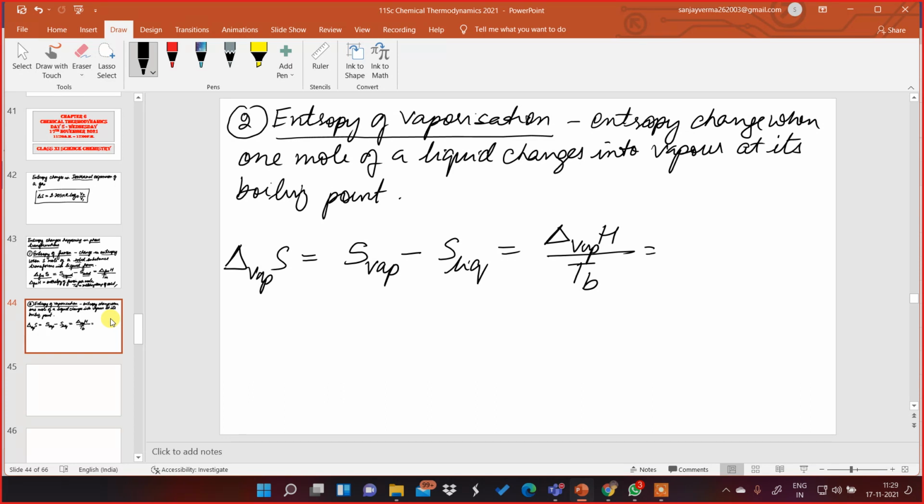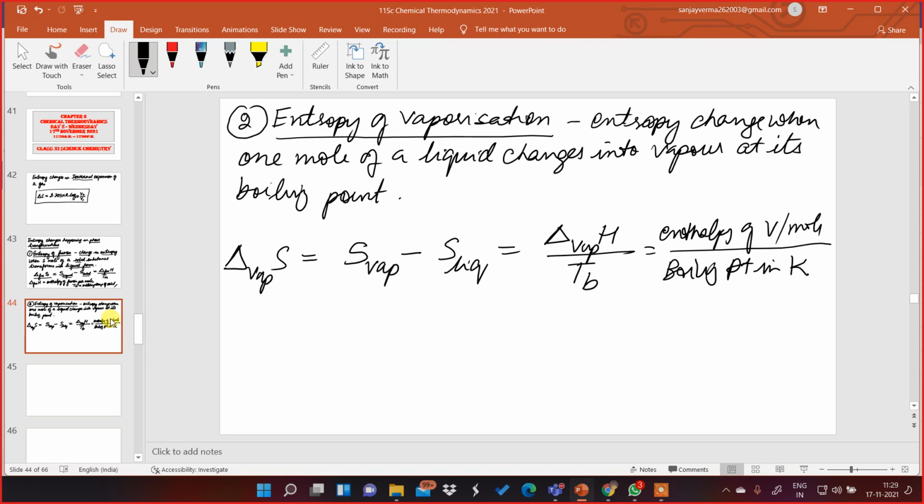This delta H vap means enthalpy of vaporization per mole, and this Tb stands for the boiling point in Kelvin. So this is the second entropy change in phase transformation.